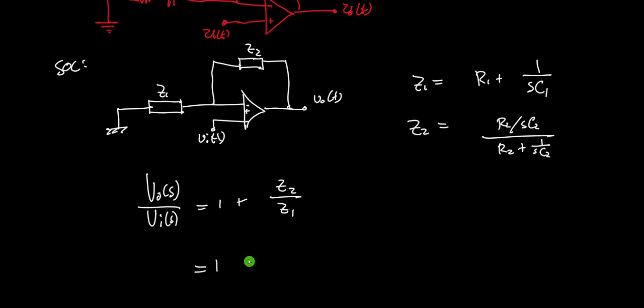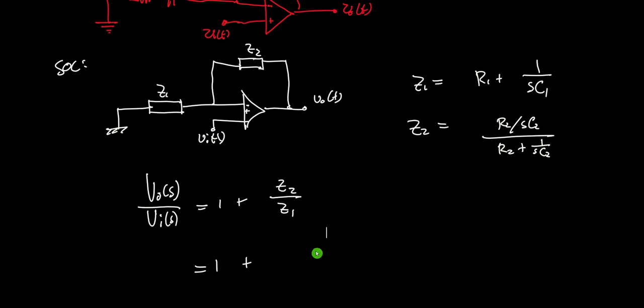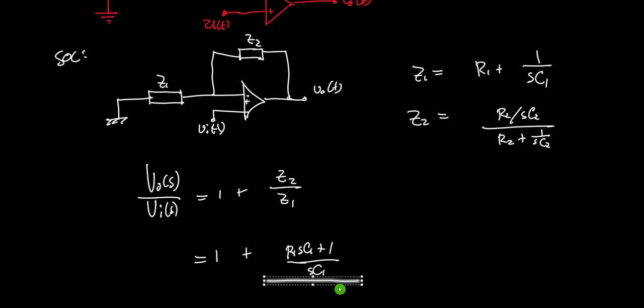So this will be 1 plus Z2 over Z1, where we can add that S C1. So Z1 is R1 times S C1 plus 1 all over S C1. The numerator should be Z2, so I'll change this.